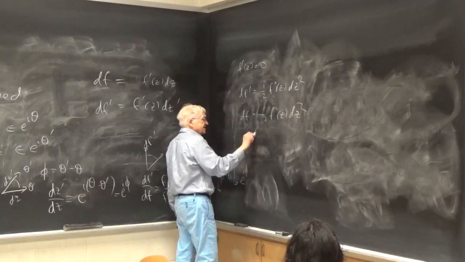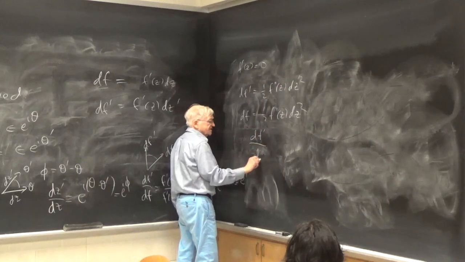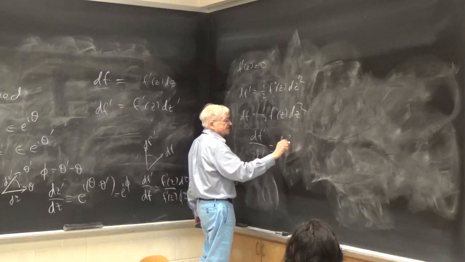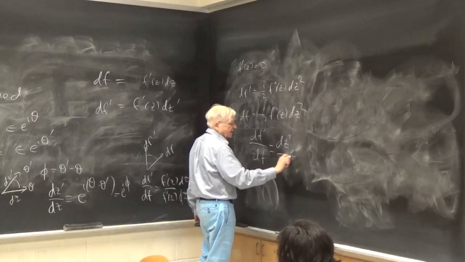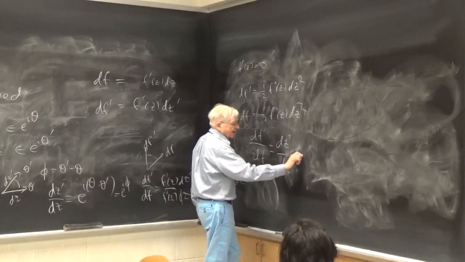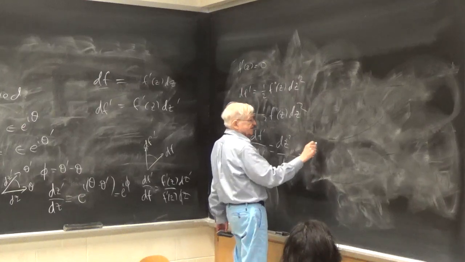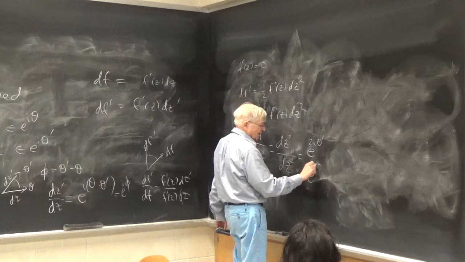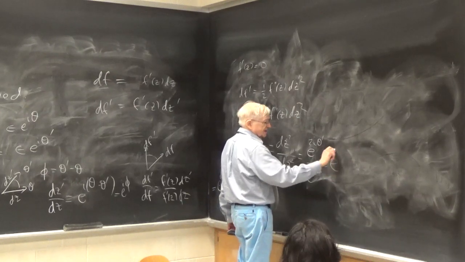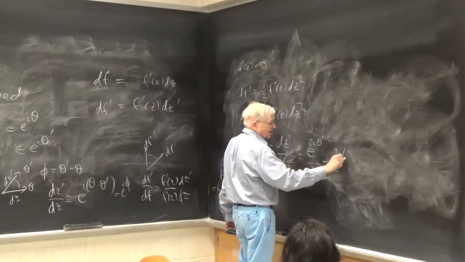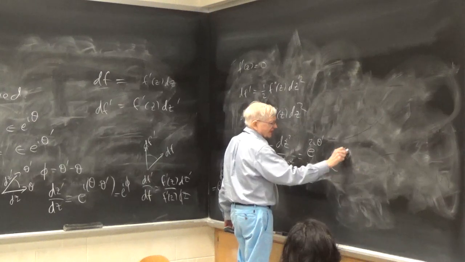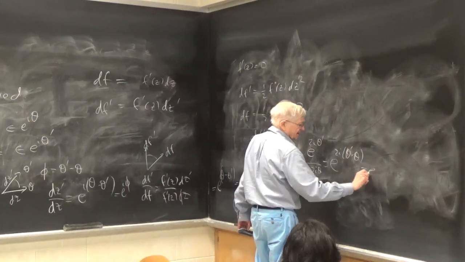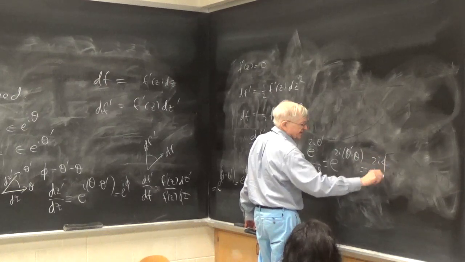And so df prime over df is going to be dz prime squared over dz squared. That's going to be e to the 2i theta prime over e to the 2i theta, or e to the 2i theta prime minus theta, or e to the 2i phi.